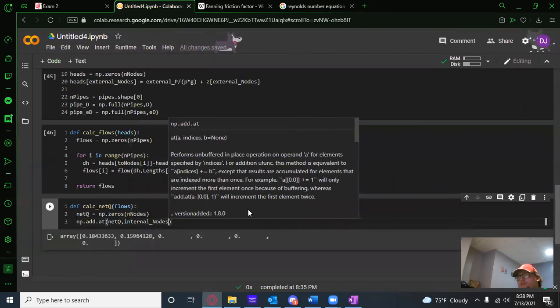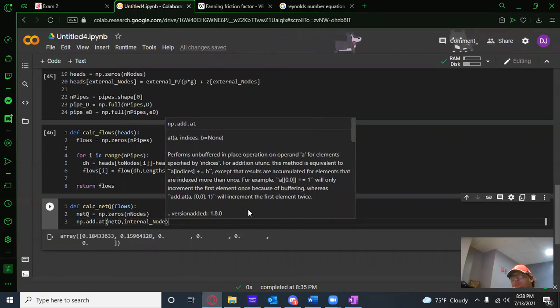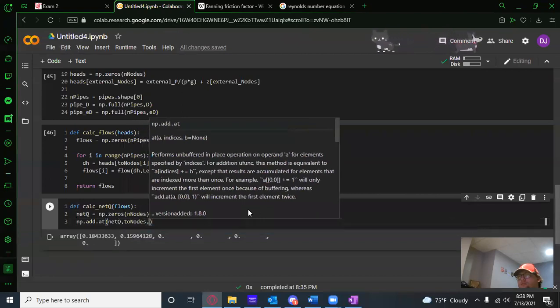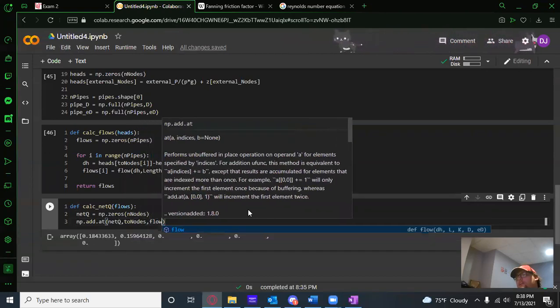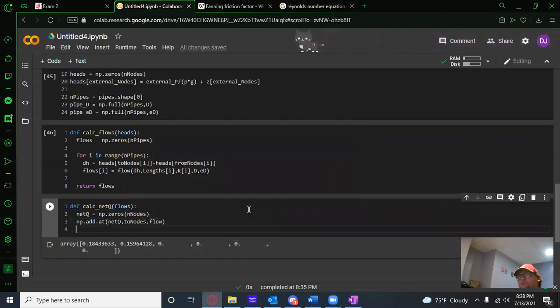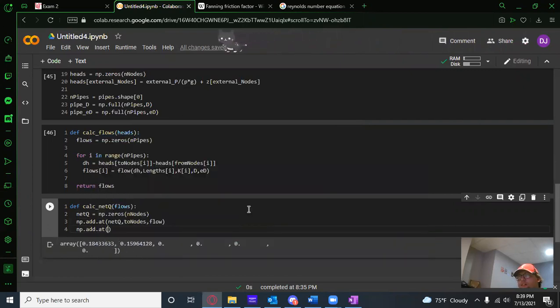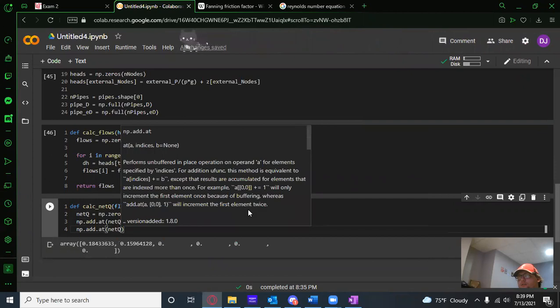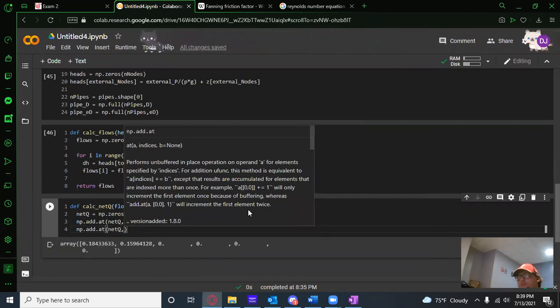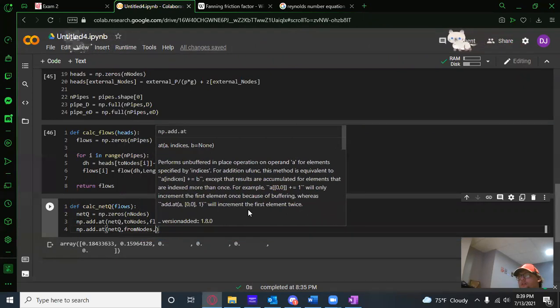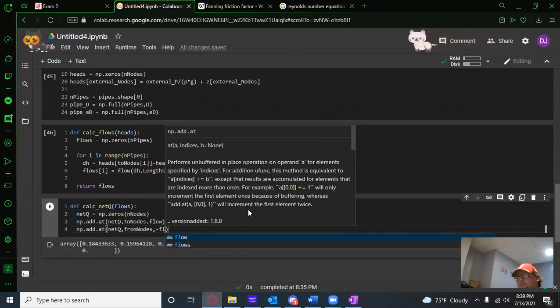And these are the two nodes. We're going to want to add the positive flow. np.add.at net Q. So now we're going to do from nodes, and we're going to do negative flow.